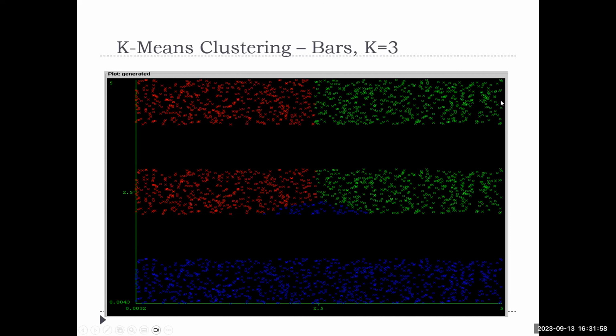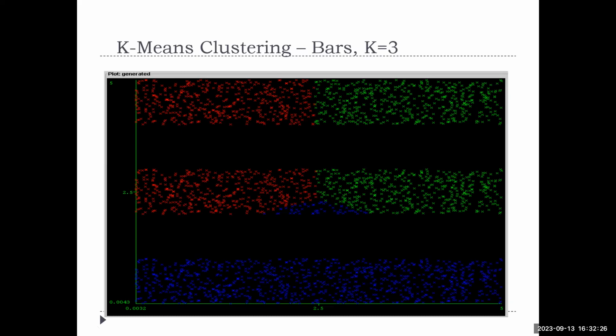The answer is, although it's a bar, the distance from this point to this point is significantly large compared to the distance from here to here. That's why those green points go into the same cluster, but this red and green go into different clusters. Okay.